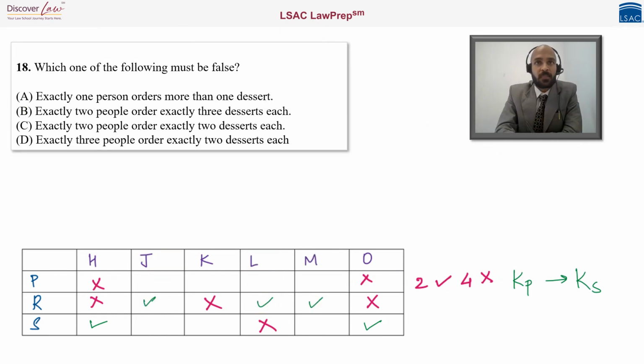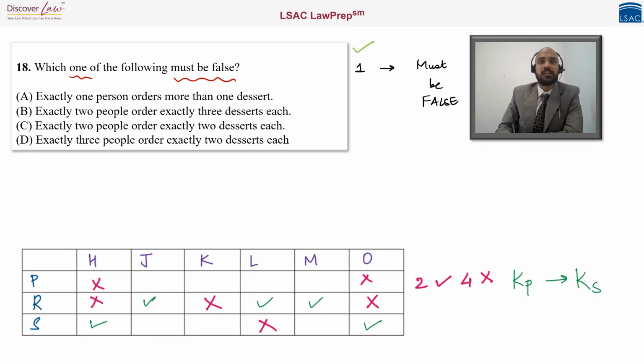Let's go ahead. Alright, after a must be true question, we have a must be false question. Try solving it by yourself. Okay, let's go for this together now. If you see that one of the following must be false, which means that out of the 4 options, one of them must be false, and this is the correct answer.